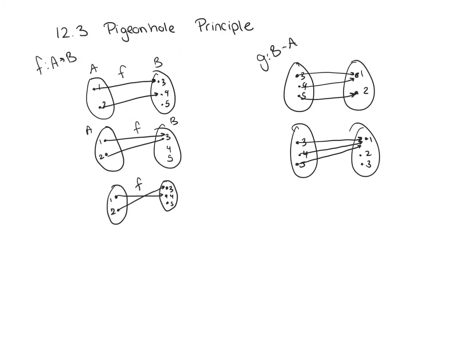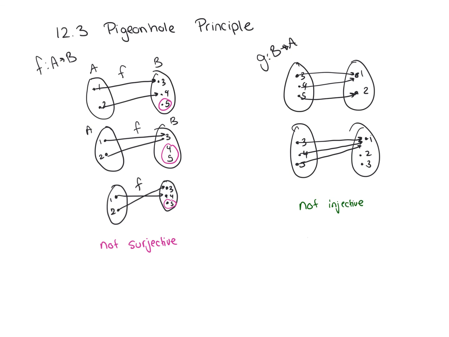All right, so if we look back at some of our nice example functions we had right at the beginning, we can see that none of our functions from A to B were going to be surjective. We always had those leftover elements over here, and none of the ones over here from B to A were going to be injective.